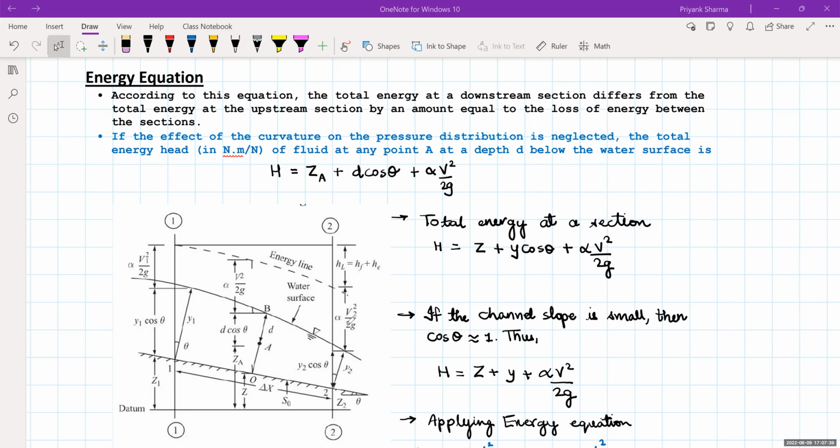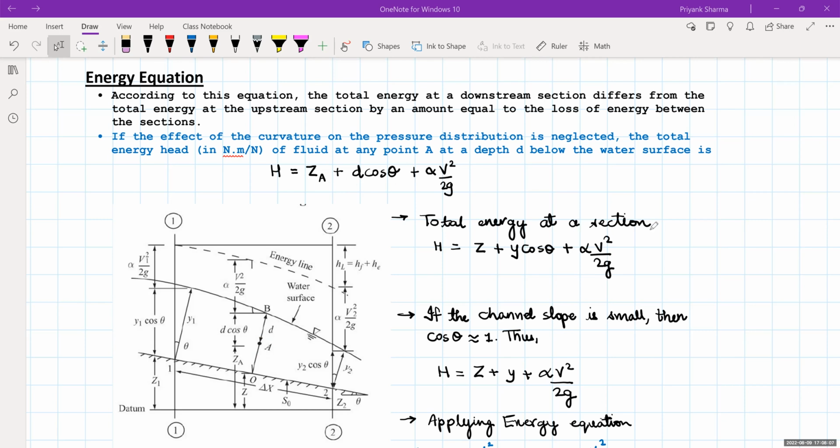At this point A, which is at depth D below the free surface, the total energy H is equal to ZA, the datum head, plus D cos theta, where theta is the slope, the cosine component in the direction of gravity, plus alpha V square by 2g.